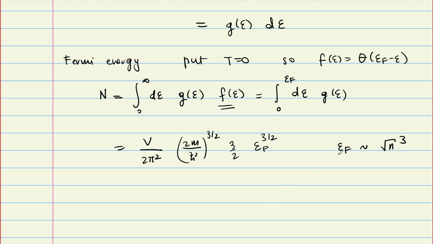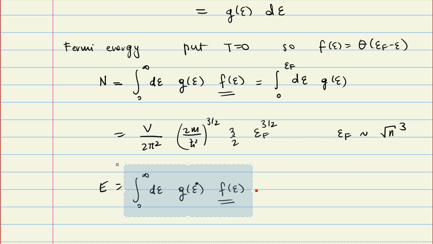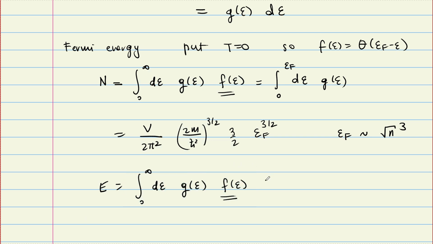So this is energy. And the next step in the calculation was the calculation of the energy, E. And the energy was exactly like that. Let me just copy here. And we just multiply this with epsilon, right? And the result is going to be, let me just write it.